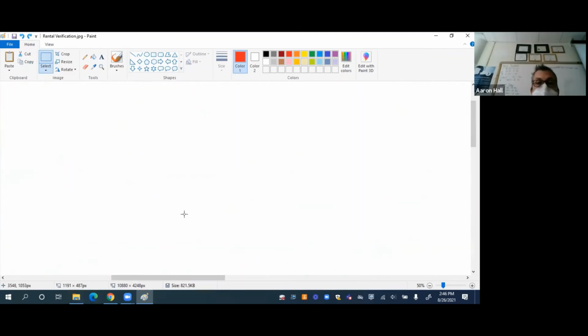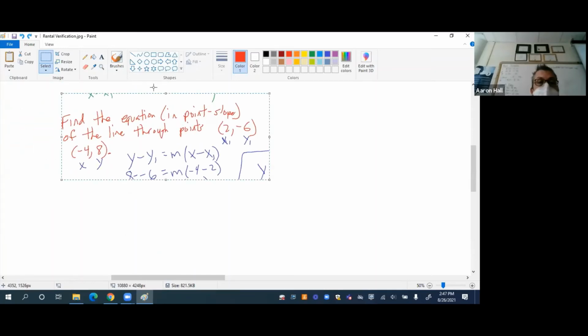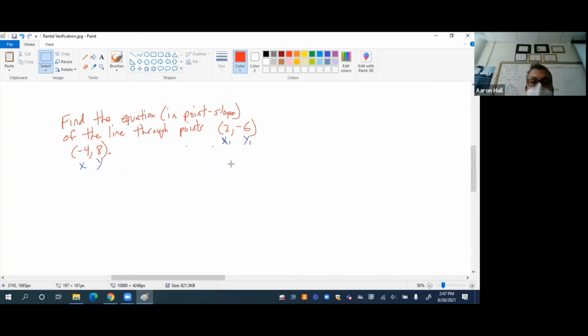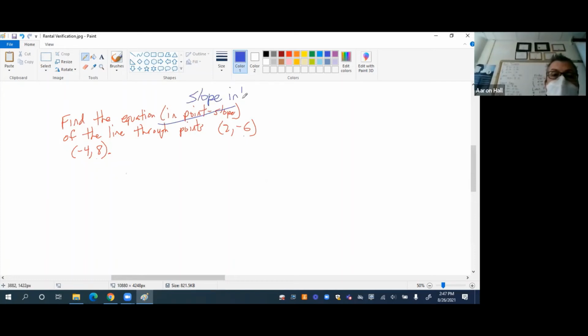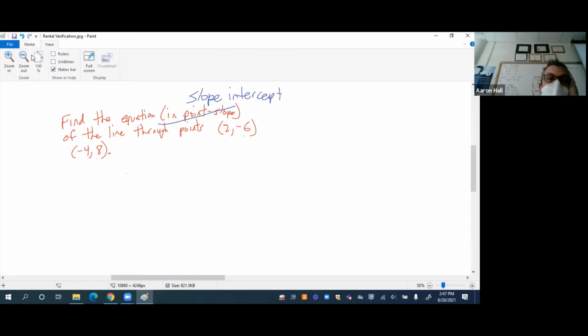I don't want to do this by point slope form. We're going to directly calculate it using slope-intercept form. Is it possible to do that directly? And if yes, how?